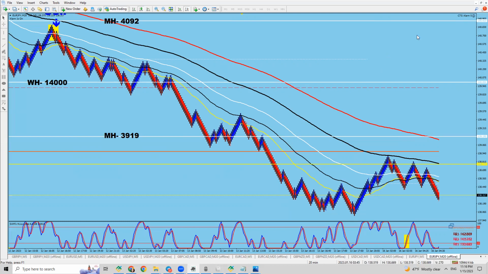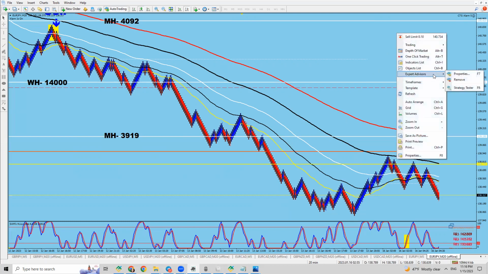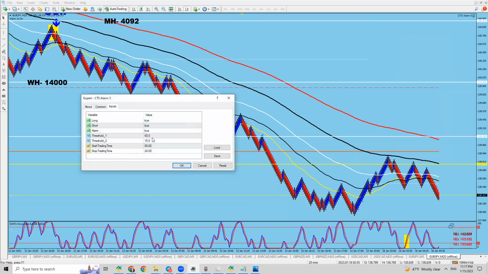In my alarm, I'm using 60. Let me open it up. See, a threshold of 60 means if the distance between the red and yellow is more than 60 pip, don't open the trade, I mean, the alarm will not go off.